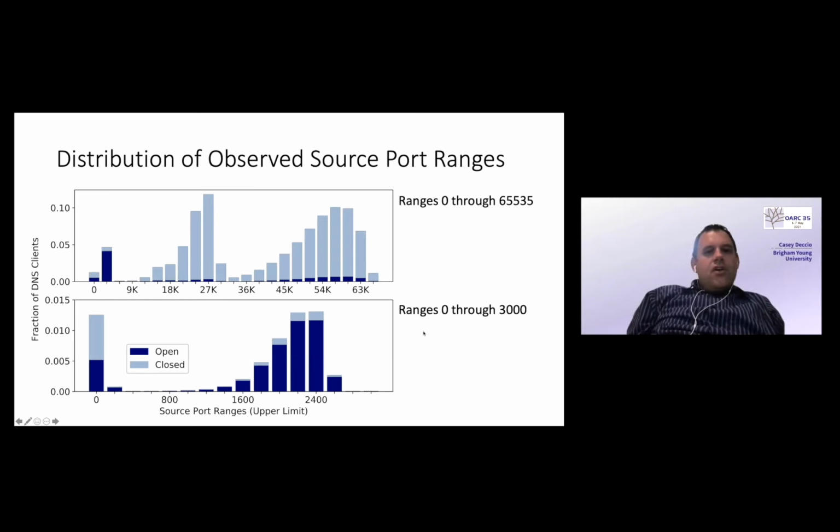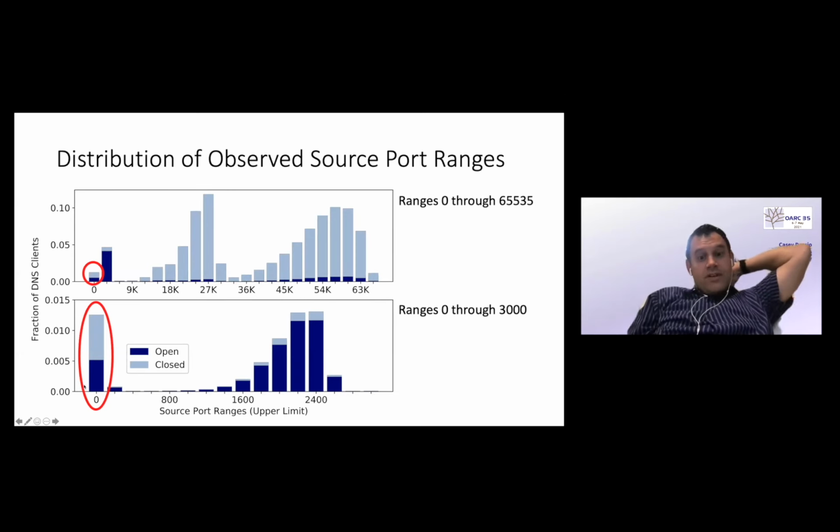Thank you. As you can see, there are a few modes within these graphs that jumped out at us. I'm going to focus first on this aspect over here where we had a 0 port range. If you see a port range of 0, that means they answered from the same port every single time, which means there is no source port randomization at all.